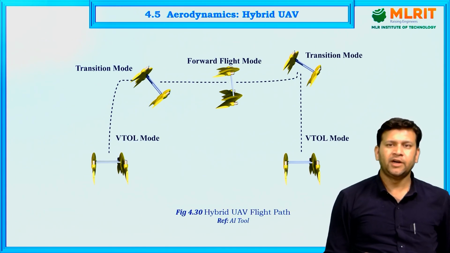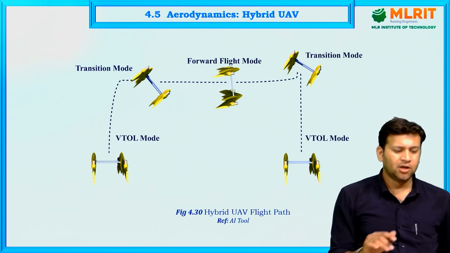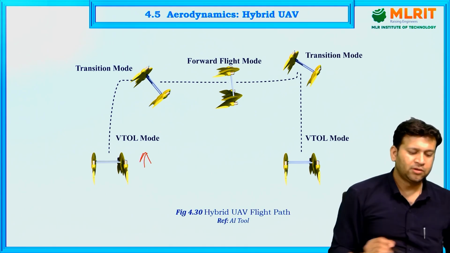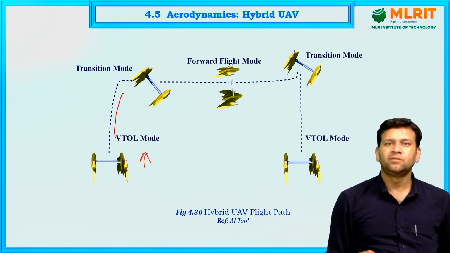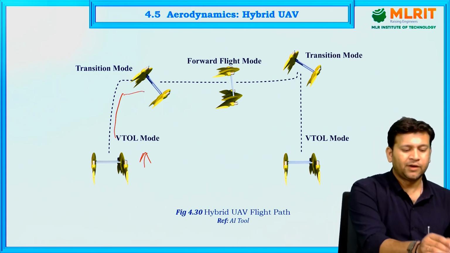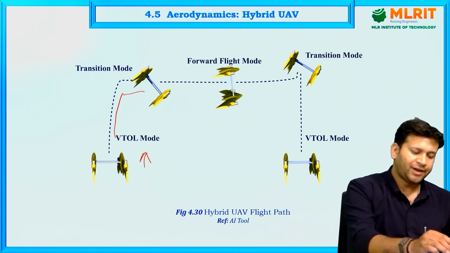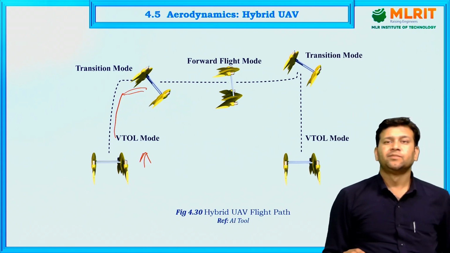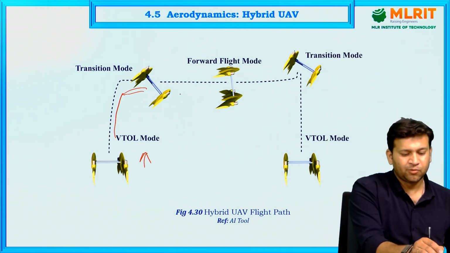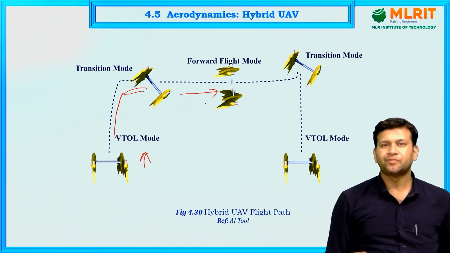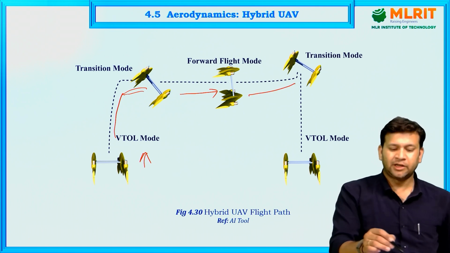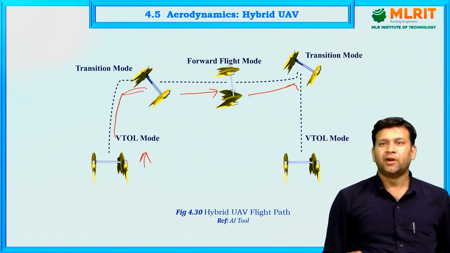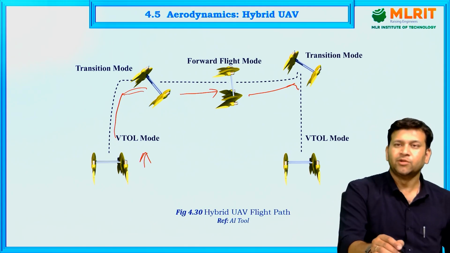This is a hybrid unmanned aerial vehicle flight path. It will have a VTOL mode, takes off. After attaining an altitude, it slowly moves in the forward direction, and during this change from here to here there is a transition, and then it moves in forward flight. Again at the time of landing, first it will change from this forward flight to vertical mode.